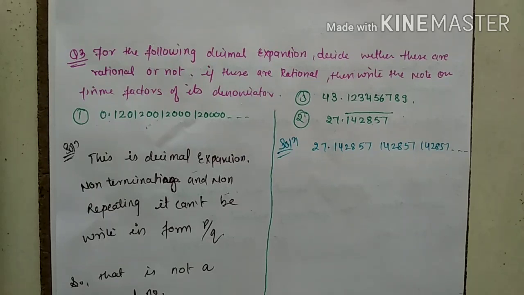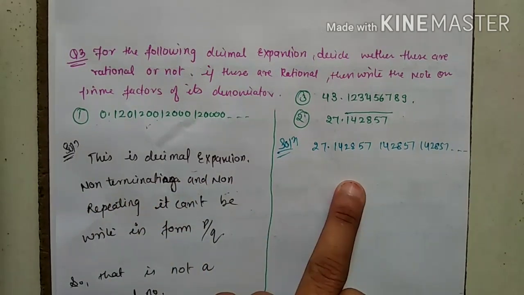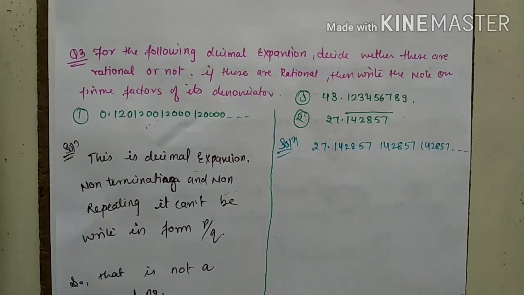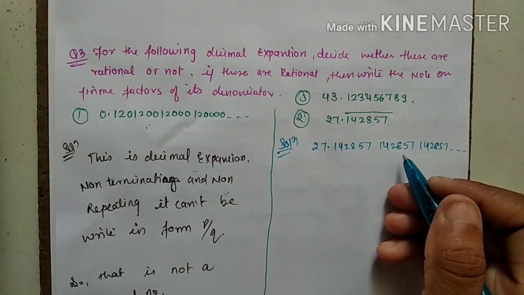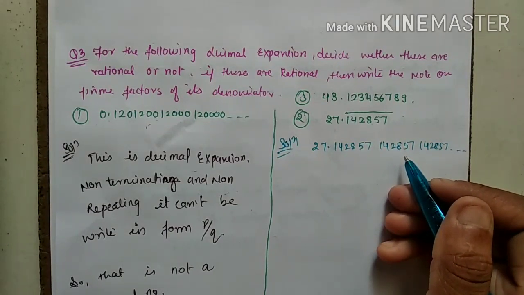So this number is non-terminating and recurring. Non-terminating but recurring. The previous one was non-terminating, non-repeating, but this one is different. Numbers which are non-terminating and repeating can always be written in P by Q form. We have done so many questions in the 9th class.